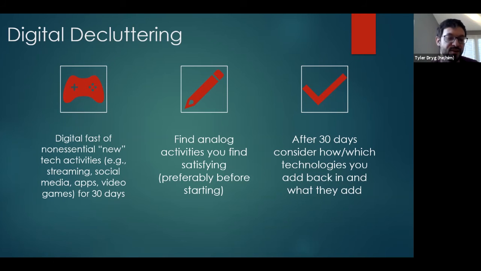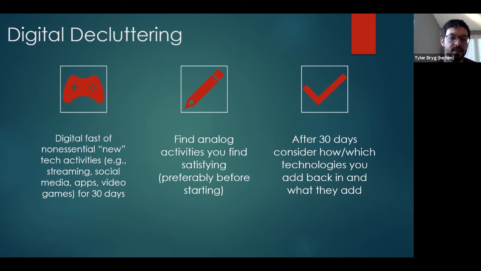Obviously, if you need to check your email for work, or if your work involves going on social media to post things for your company, that's not non-essential. But anything you don't have to do for your job or your immediate personal contacts, you should stop for a period of time.